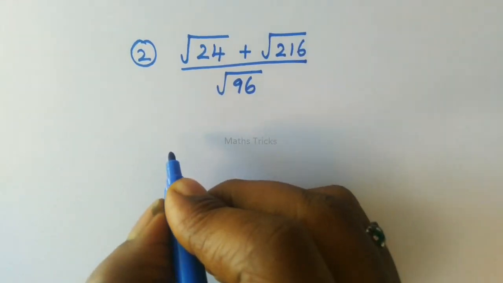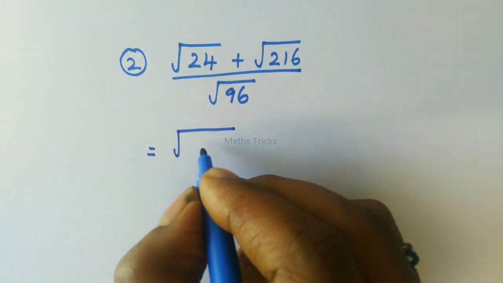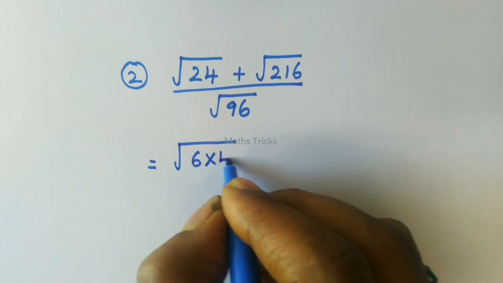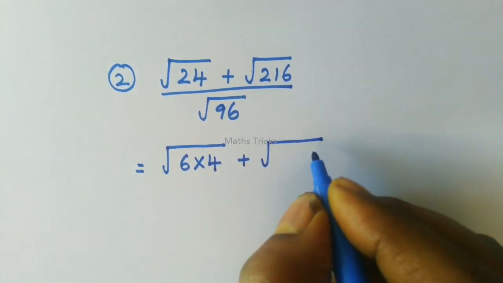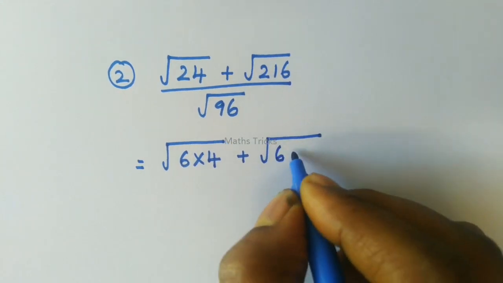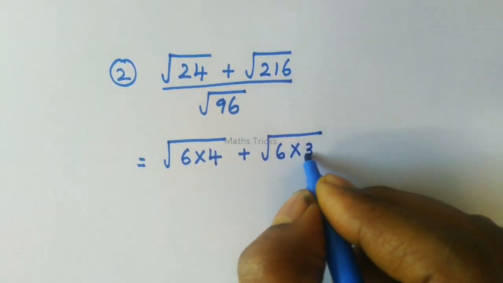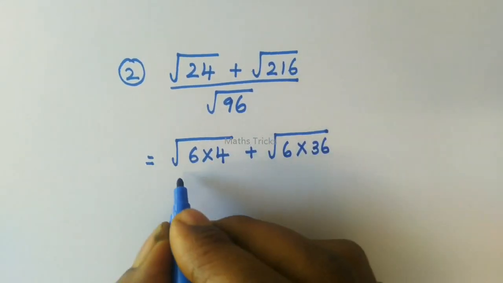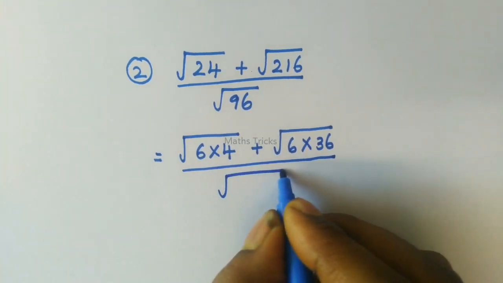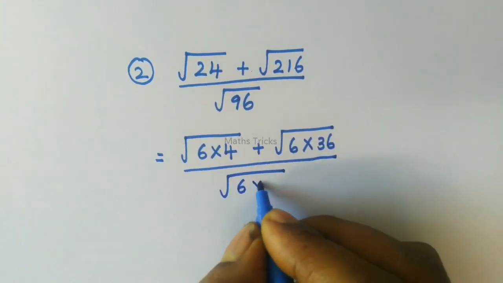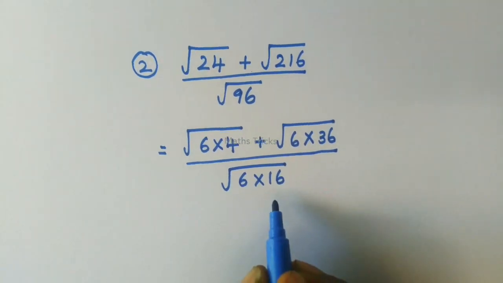According to the first sum, we change 24 into 6 into 4, 216 into 6 into 36, and 96 into 6 into 16. Now we have changed them as values divisible by 6.